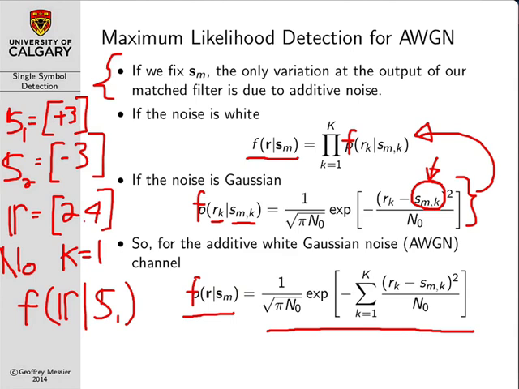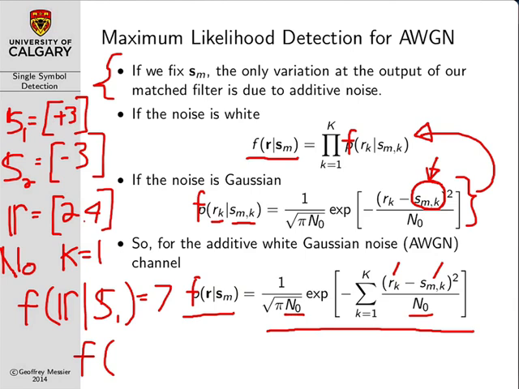And so if we go over here to our likelihood equation, we've got a value rk, which is equal to 2.4. We've got a value of s, which is equal to +3. We've got a value of n naught, which we know, and we calculate an actual numerical value for our likelihood function. And let's say it's equal to 7.